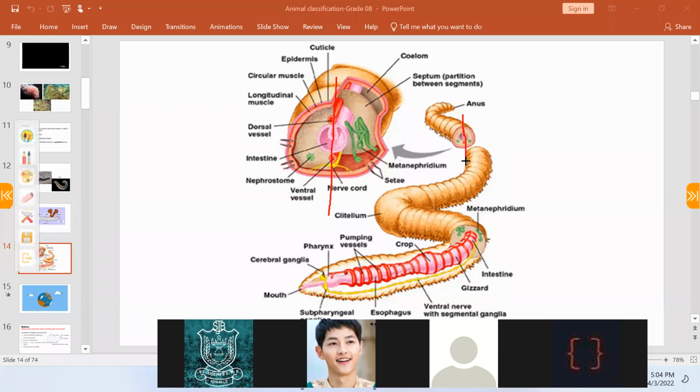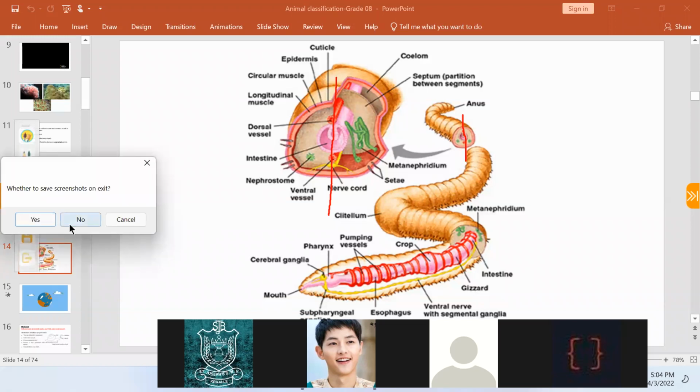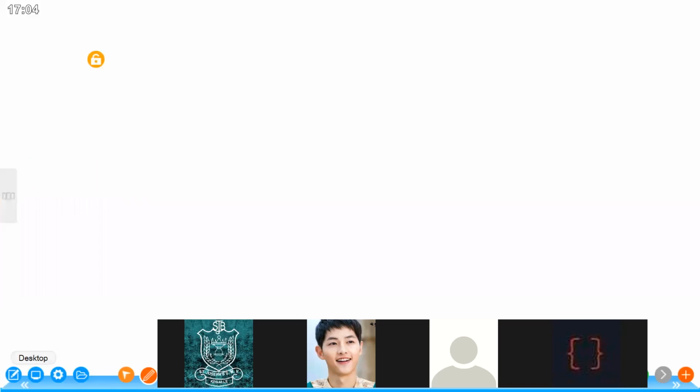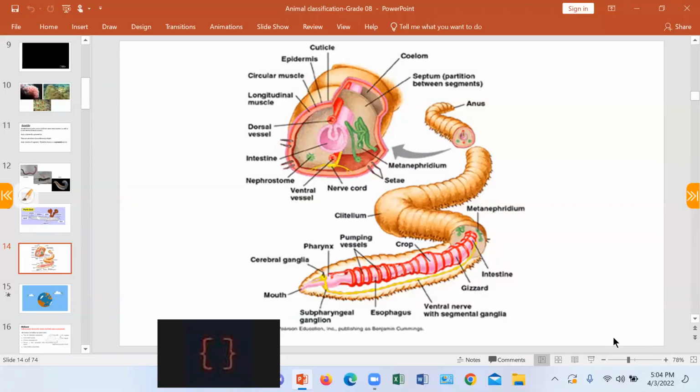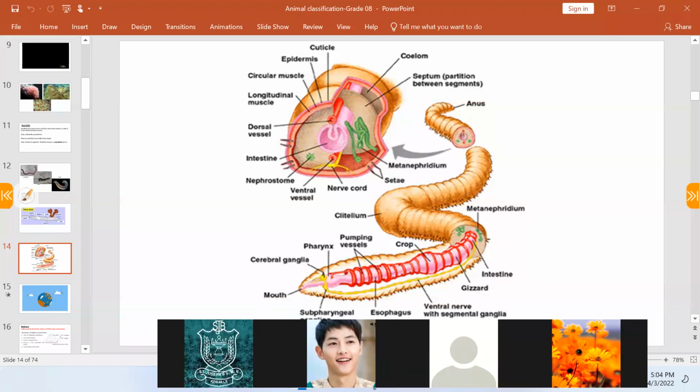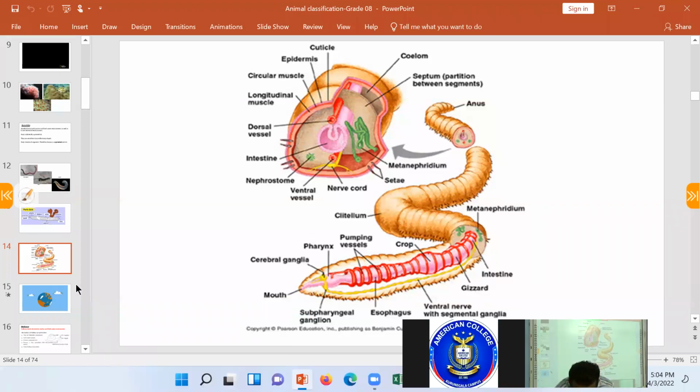That is called radial symmetry. But these animals, annelids, they have bilateral symmetry like us. Two equal parts can be obtained only by cutting along one axis.